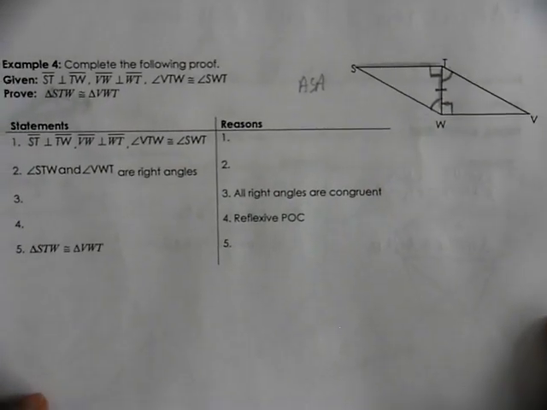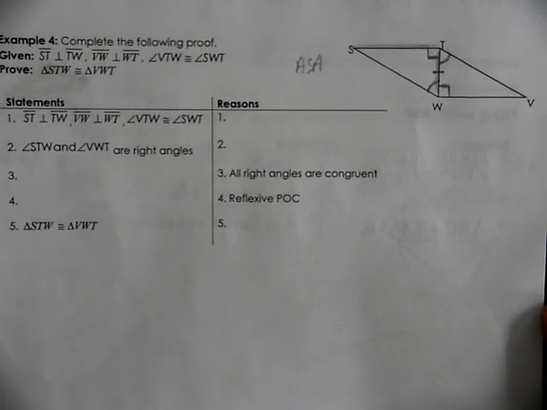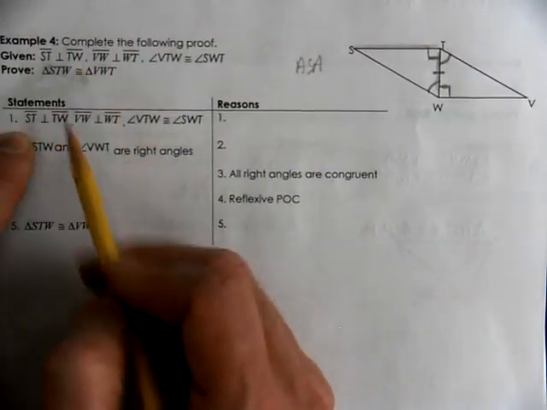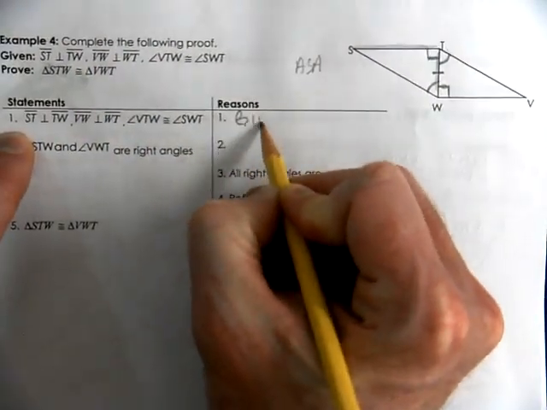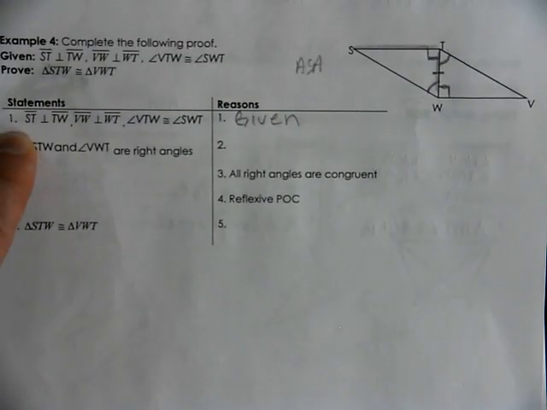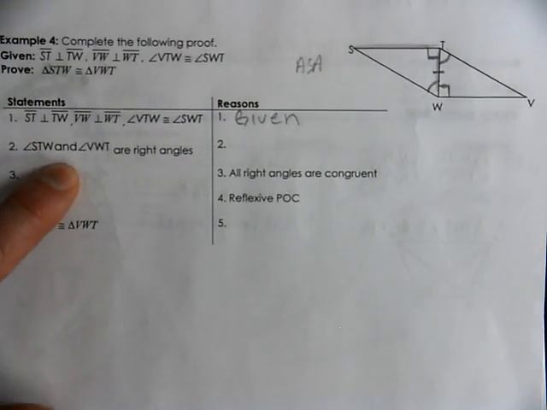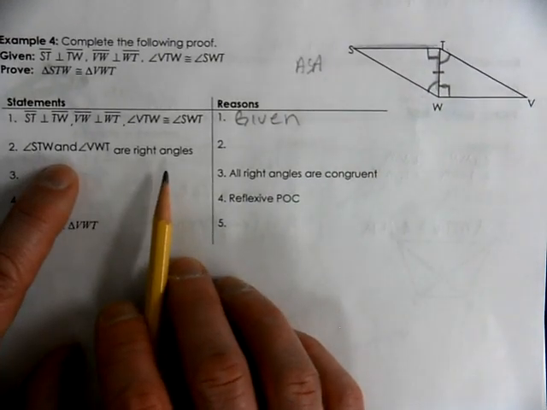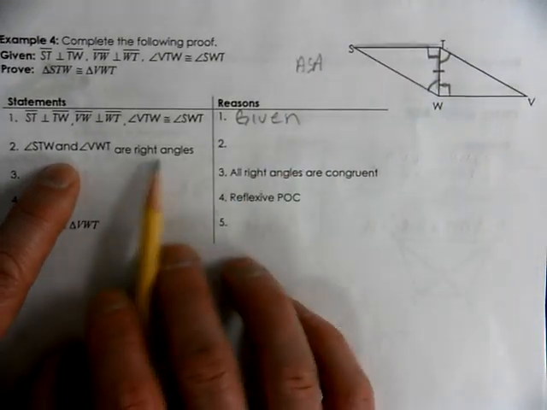So let's come down and try to fill in our proof. It's very nice. They filled it in for us for the given. Now what's this mean? Where did this come from? What are we going to say? Why does this happen?